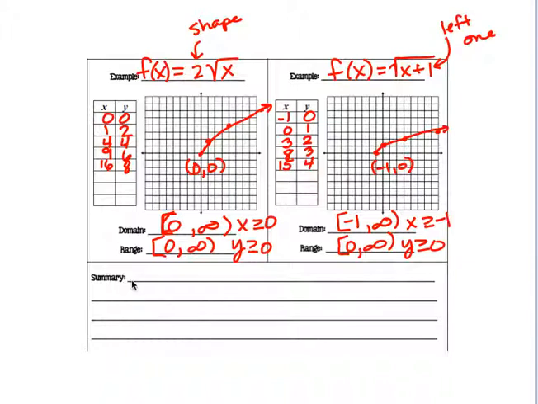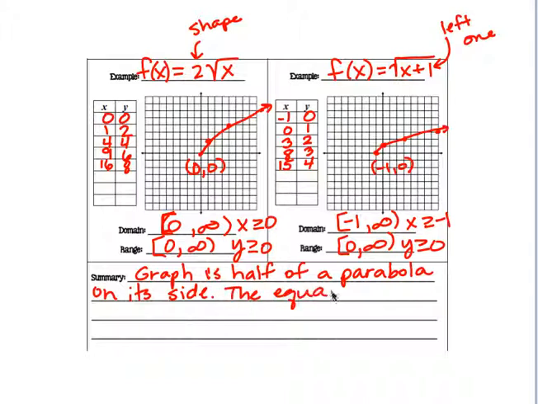As a summary for this one, just remember that the graph is half of a parabola on its side. And the equation itself has to have a square root, just like the absolute value equation has to have an absolute value symbol.